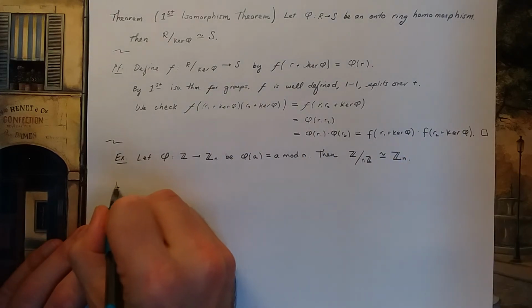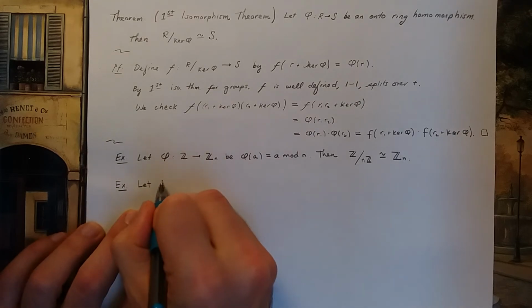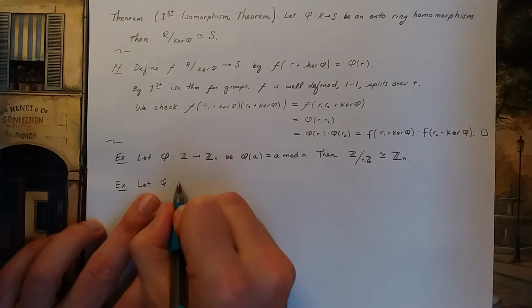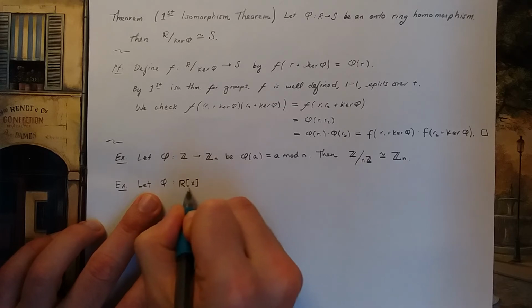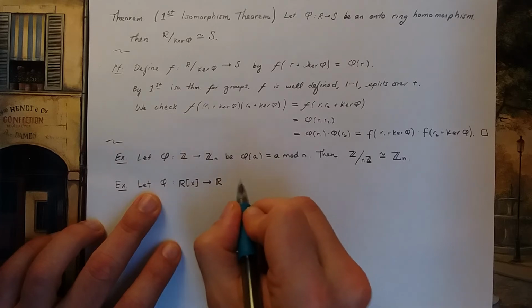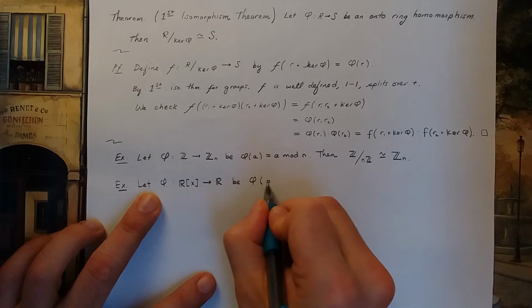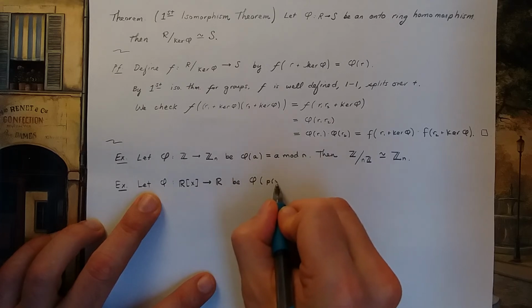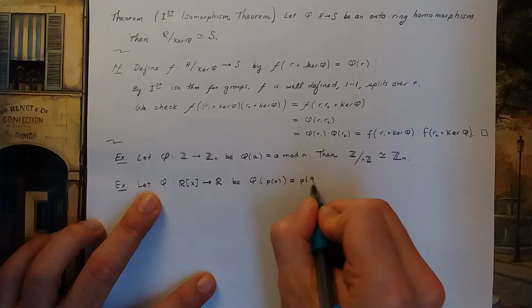Another example. How about we let phi be the evaluation homomorphism? So I could take any polynomial with real coefficients, and I could send it to a real number, and I could define it by telling you that a polynomial should be evaluated at 9.